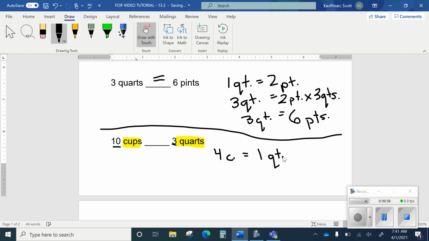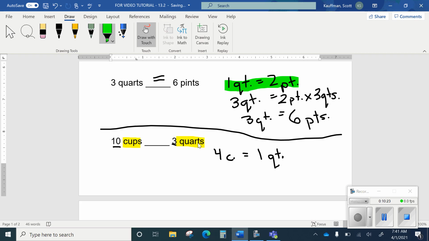Now, what makes this different is normally we have a 1 over here and the number over here is larger. See, 1 quart equals 2 pints. And the same was true when we did that for all of the other problems for length. But they can put the measures however they want.